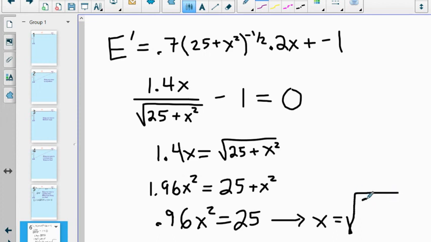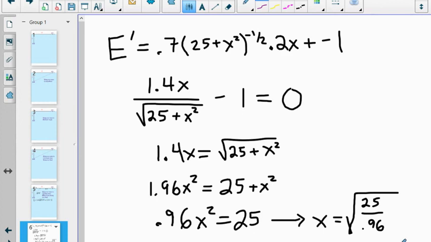Sorry about that. Of 25 over 0.96. The square root of 25, of course, is just 5, but then the square root of 0.96 isn't such a nice number. So eventually I did have to bite the bullet and plug this into my calculator and find that x is about 5.103.